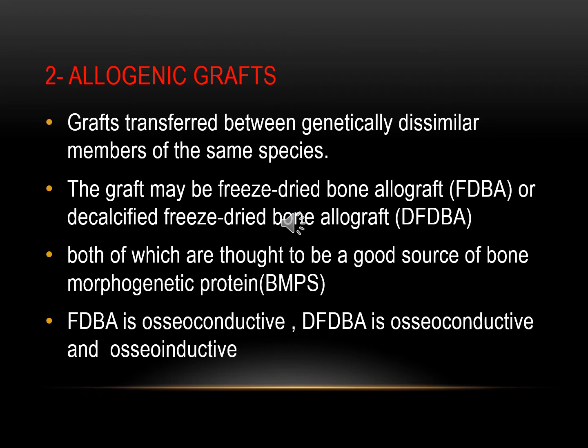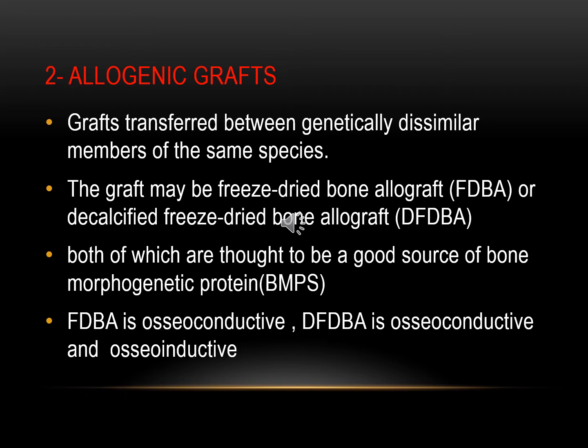When we use bone graft from Muhammad to treat a bony defect of Ali, that means this bone graft is allogenic, from human to human, or from cow to cow, or from horse to horse.